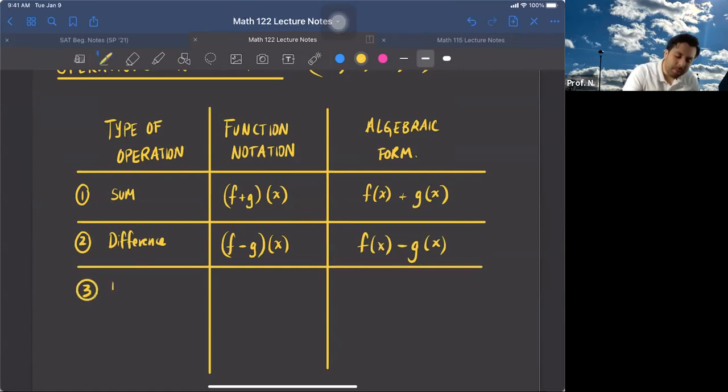Next thing is the product. The product is going to be fg. When you have fg like this, just together, or if you have a dot in between, then this is going to be f of x multiplied by g of x.